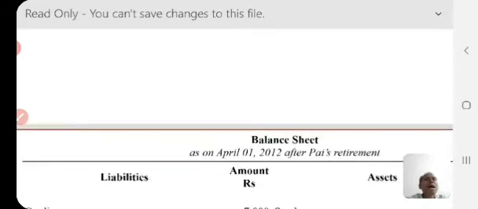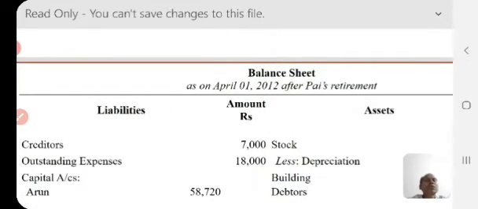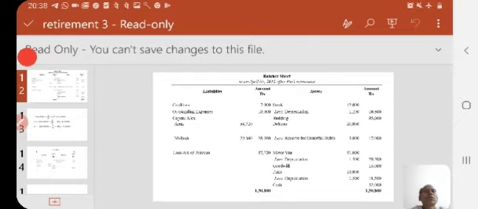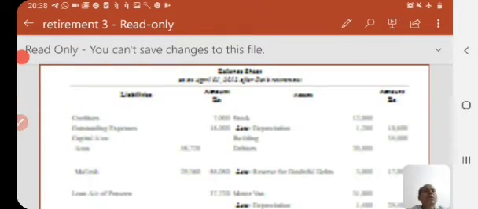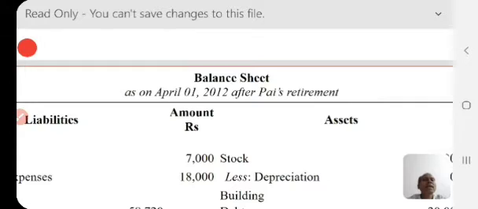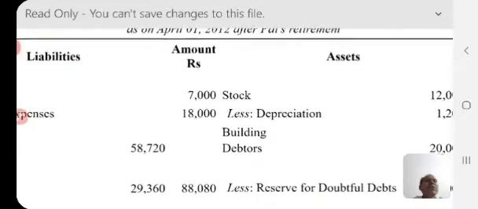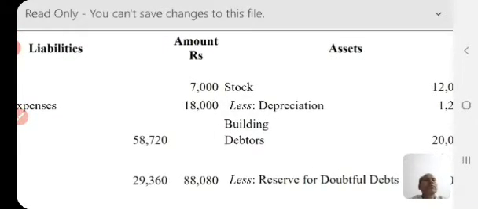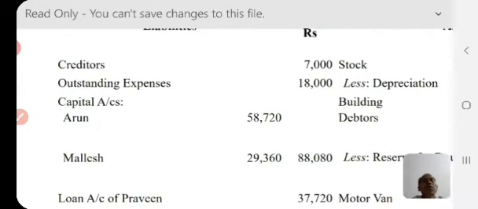So now balance sheet. Balance sheet as on April 1st, 2012, after Praveen retirement. After Praveen retirement, this is the balance sheet of Arun and Malesh.